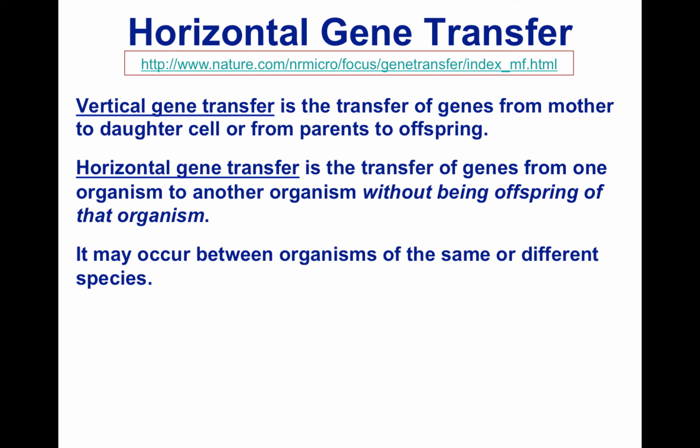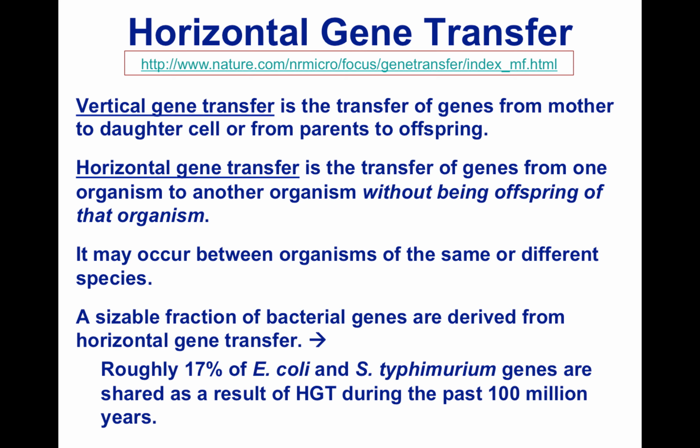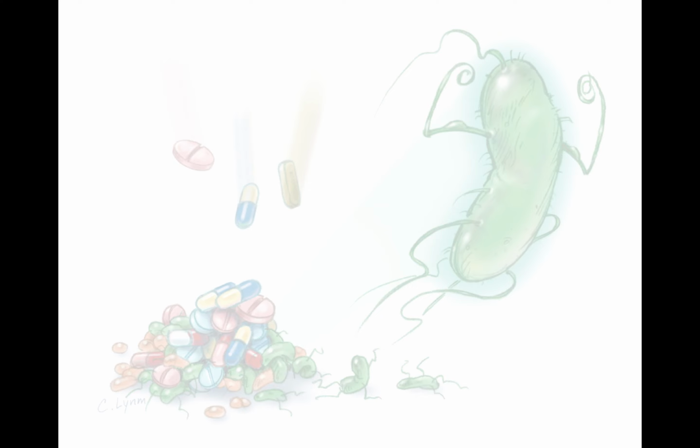It can occur between organisms of the same species or different species. For example, a sizable fraction of bacterial genes are derived from horizontal gene transfer. Roughly 17% of E. coli and S. typhimurium genes are shared as a result of horizontal gene transfer during the past 100 million years.